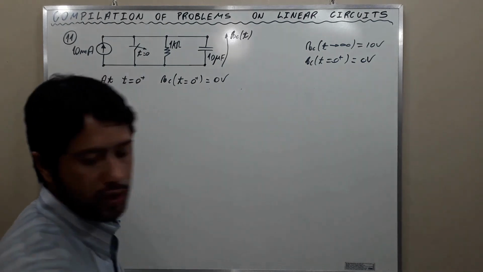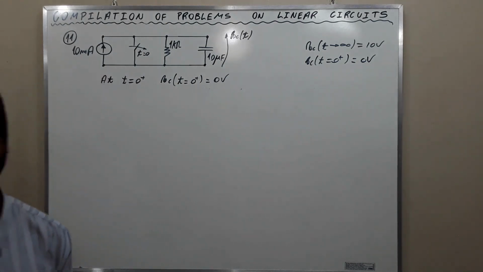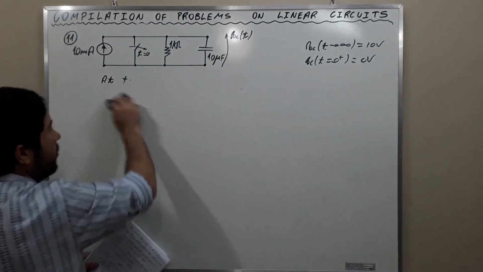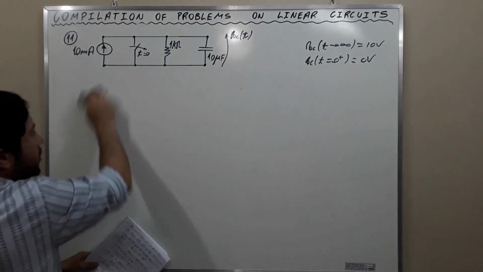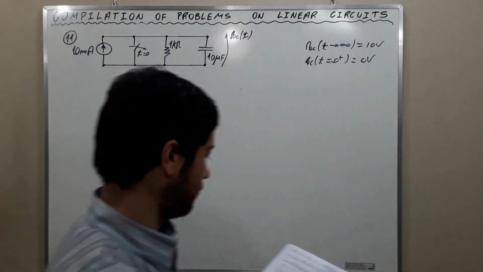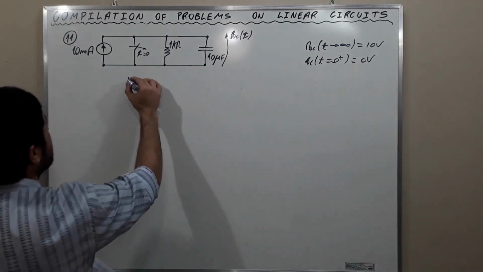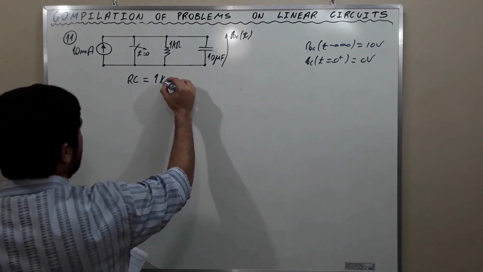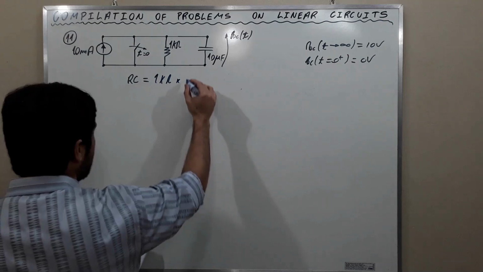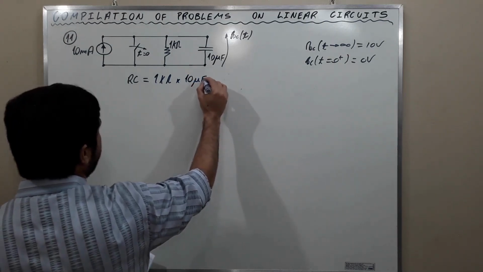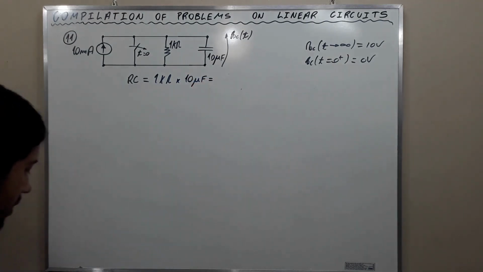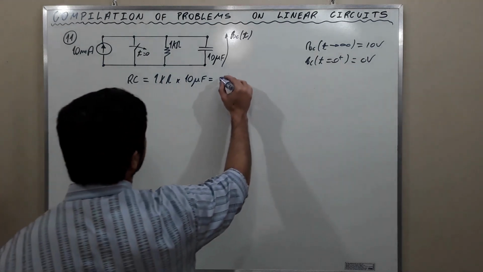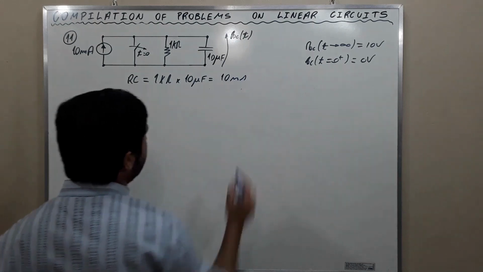And the time constant of the circuit will be the multiplication of the resistance and the capacitance. RC is equal to 1 kilo ohms times 10 microfarad. And this is equal to 10 milliseconds.